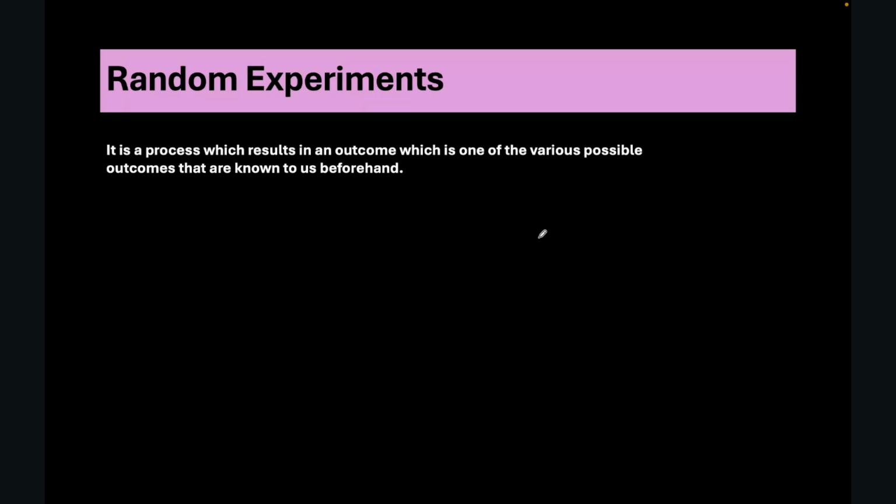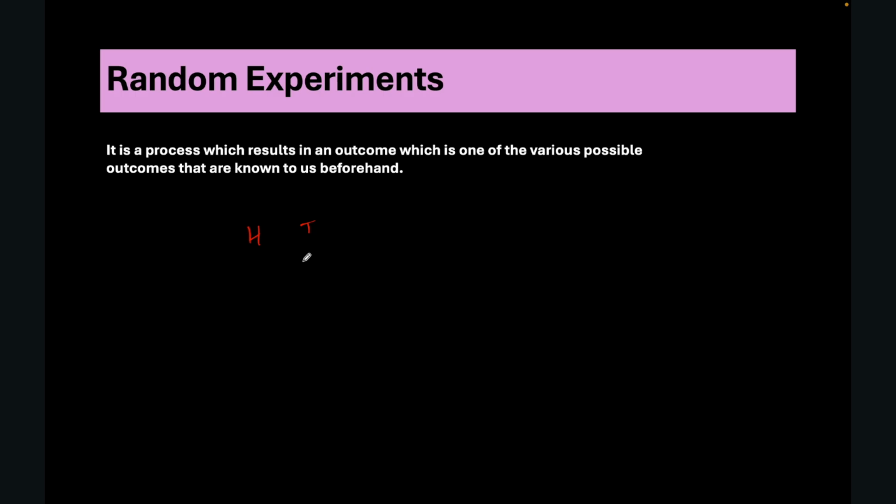So now let's move on to what we call random experiments. A random experiment is a process which results in an outcome that is one of various possible outcomes. Let's say flipping a coin. You have your heads and tails.